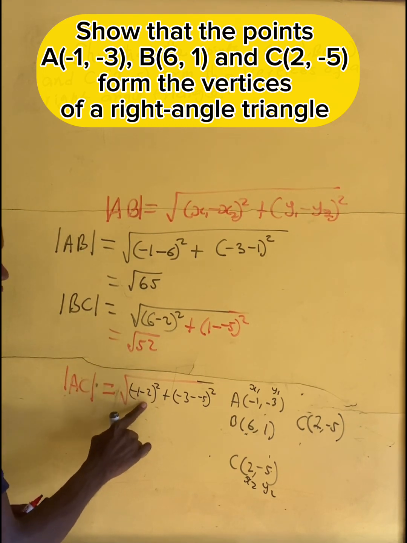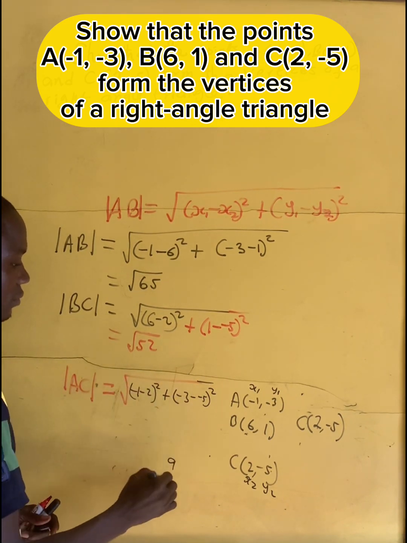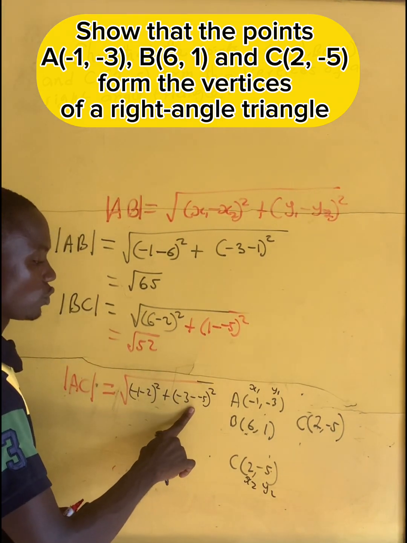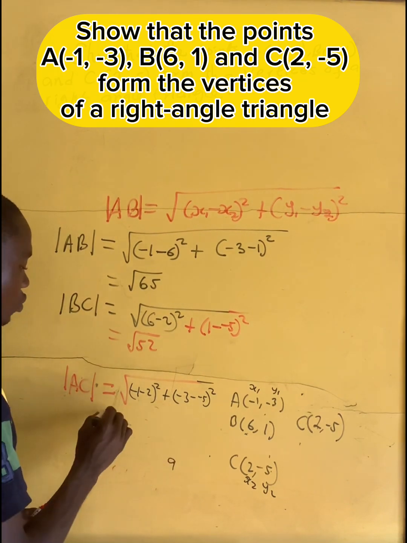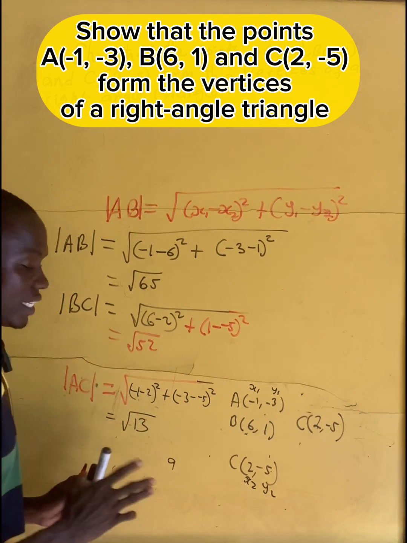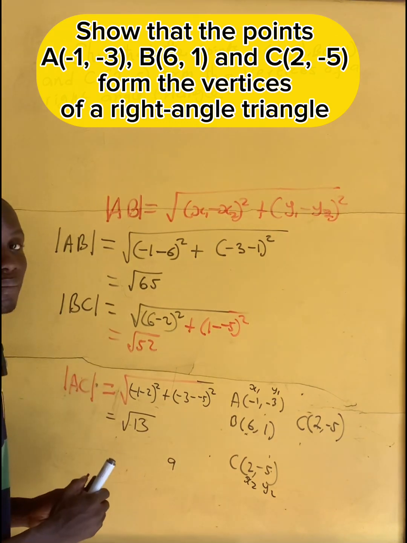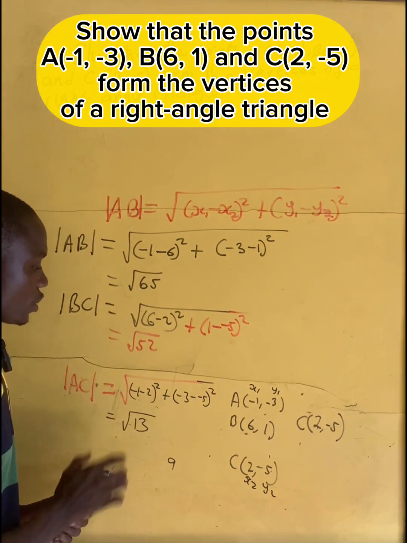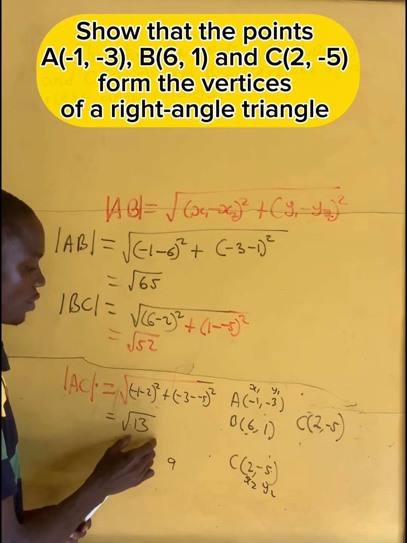When we enter this on the calculator, we are going to get 9. And if we enter this one, we are going to get 4. If we add, we are going to get square root of 13 in a very simple way. Kindly use your calculator. So this one will be 4 plus 9, and we have this.